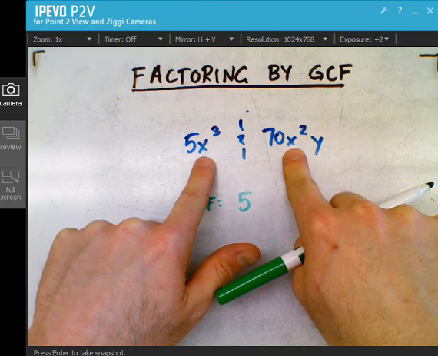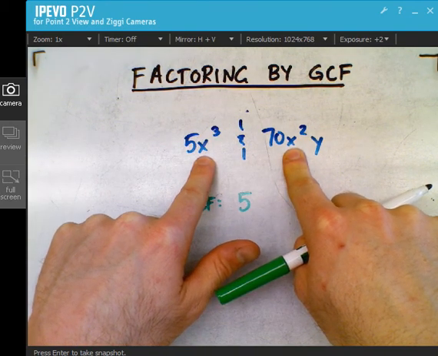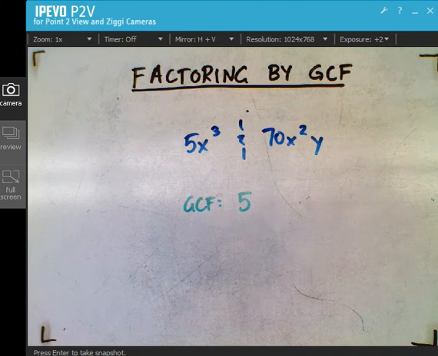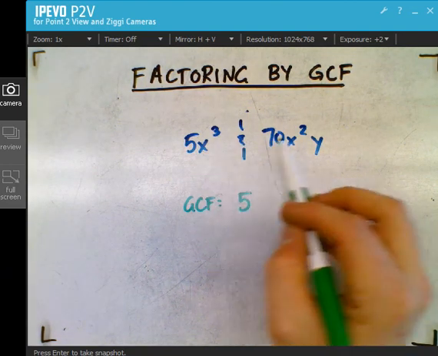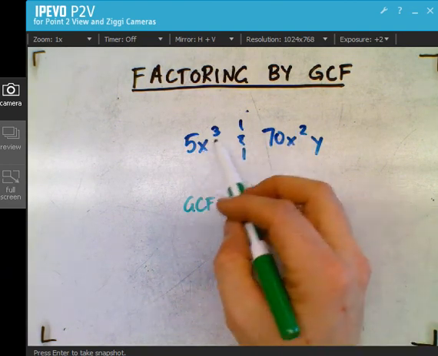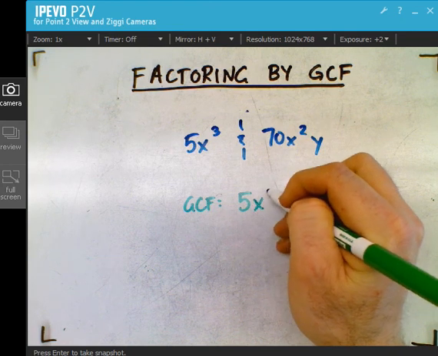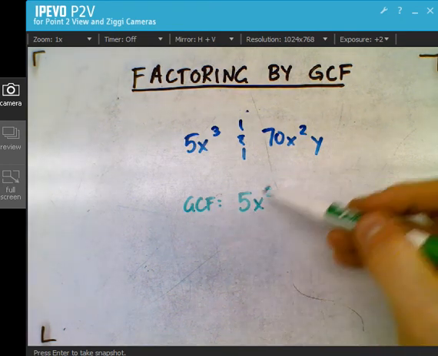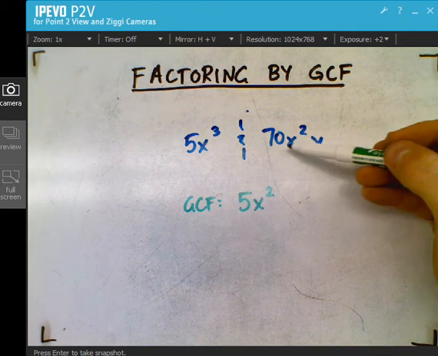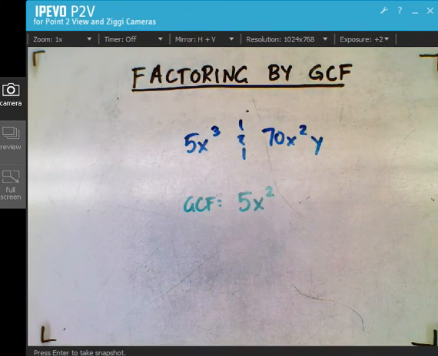So both monomials contain x, and now I just have to decide what's the greatest common factor. Well, again, you could list out the factors if you needed to, but what I'll tell you is the greatest common factor between x squared and x to the third would be x squared. X squared goes into x squared, and it also goes into x to the third.